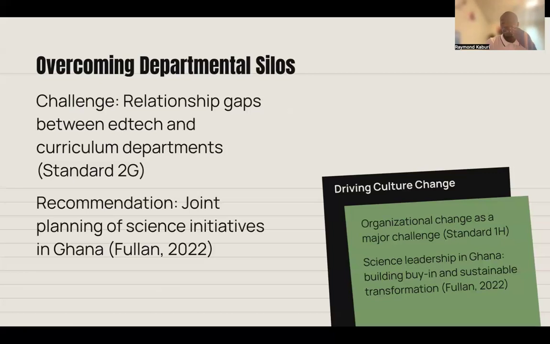People should be ready to be dynamic, and science leadership in Ghana is buying into sustainable transformation, according to what Fullan said in 2022. So with the CoSign framework, there's always change, there's always transformation, not for the bad, but for the good. And I think that is so good.